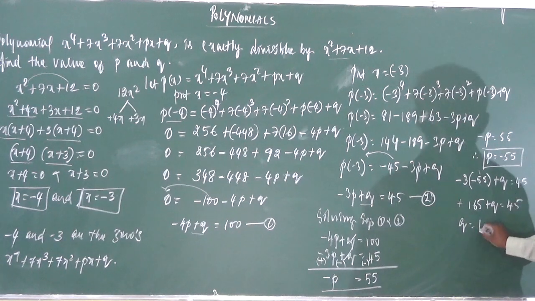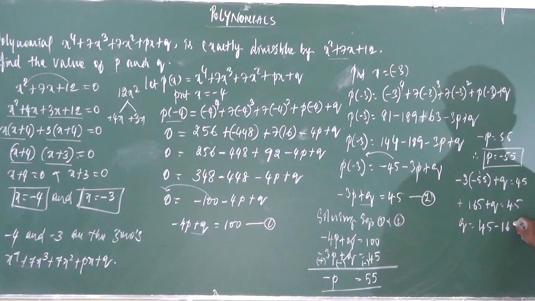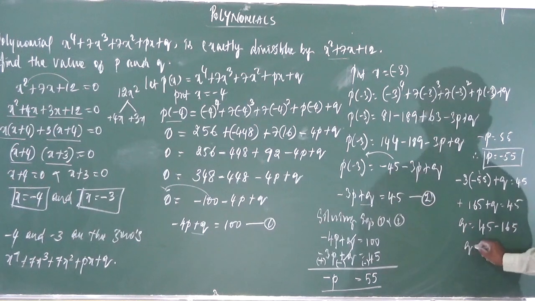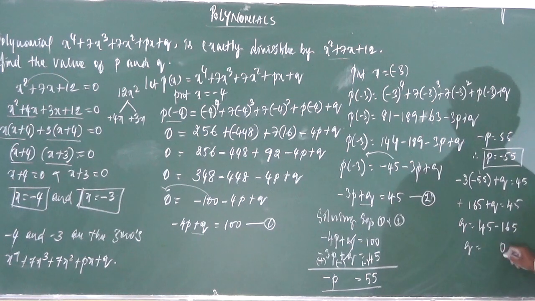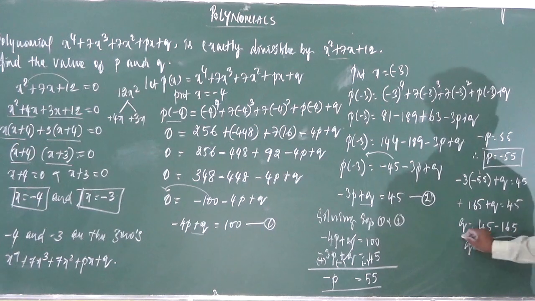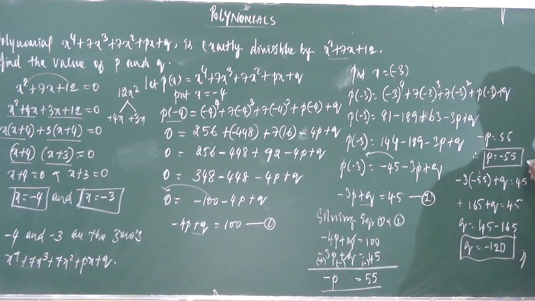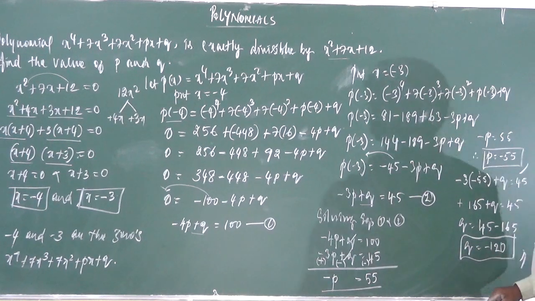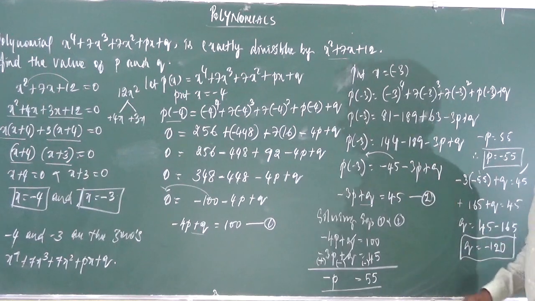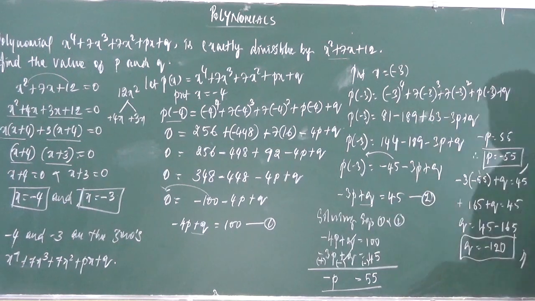So q is equal to 45 minus 165, that is minus 120. q is minus 120. So this is the value of p and q. This is a very important problem for 3 marks.